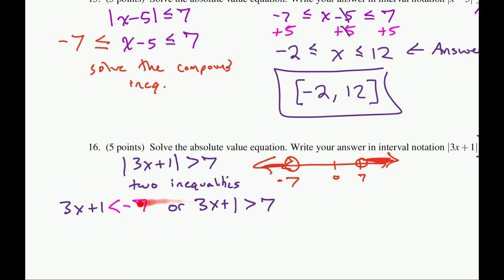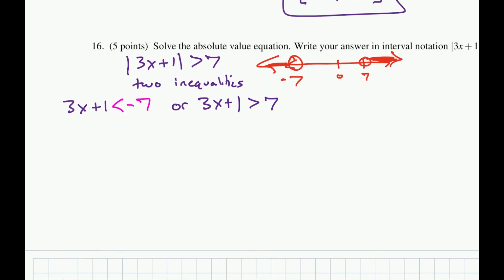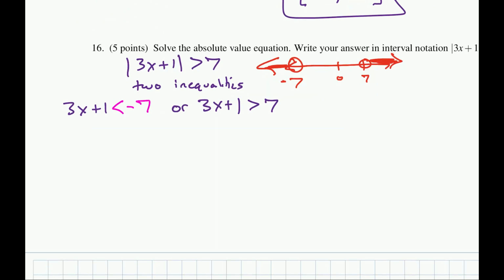Now, once you write your two inequalities, you just solve these like normal. So there's nothing to it. So minus 1, 3x less than negative 8, divide by 3, x less than negative 8 over 3. There's an answer.